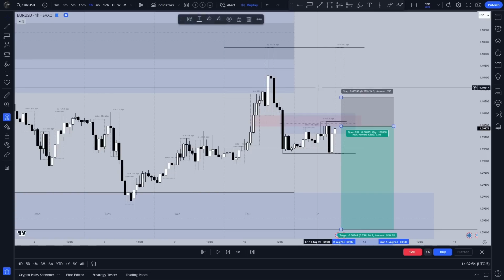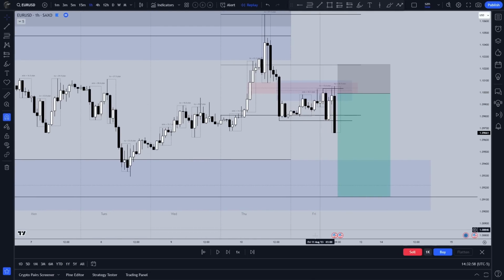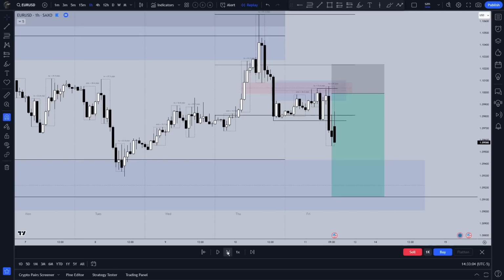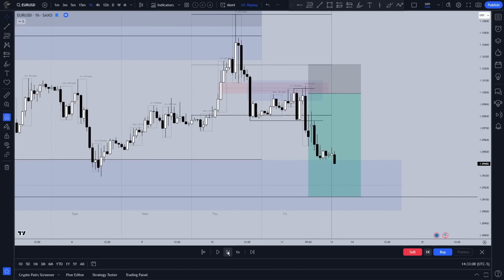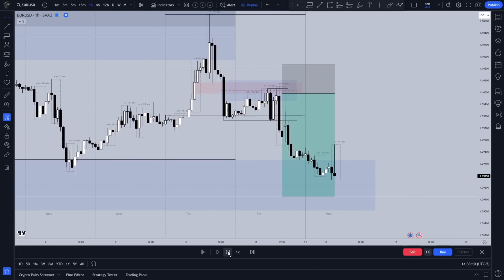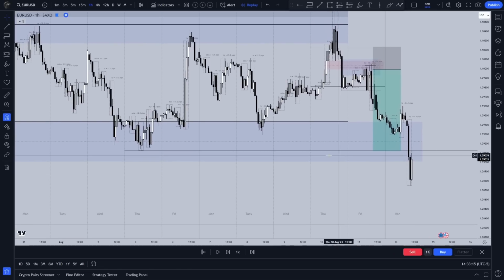So I put my stops here as mentioned, and we have news coming out now. And you can see we sweep London highs one more time. And then we see price selling off. And then you can see on the next day, we reach our final target.